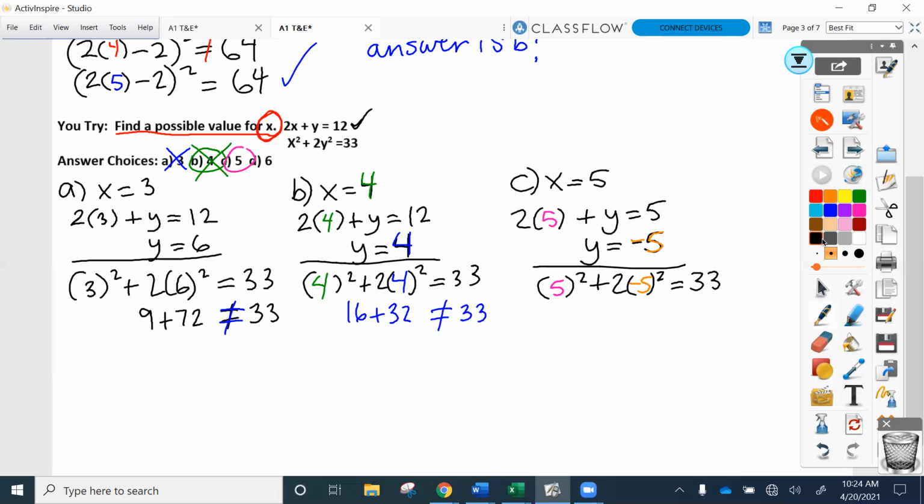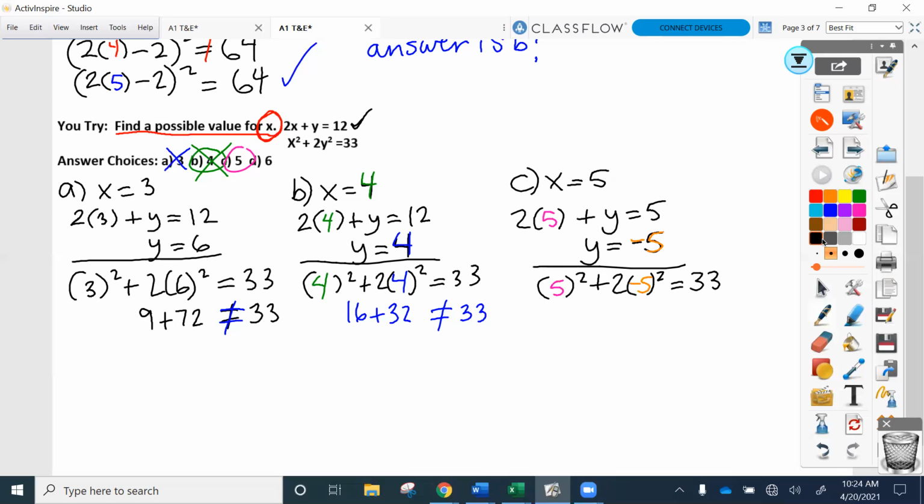So here we get 25 plus, oops, y was, I think I made a little error here. Let's see.